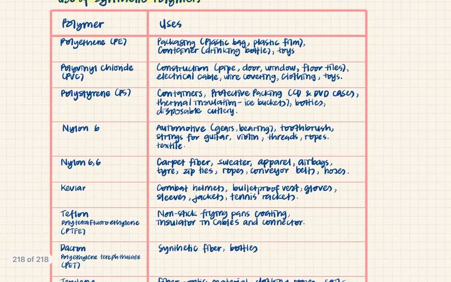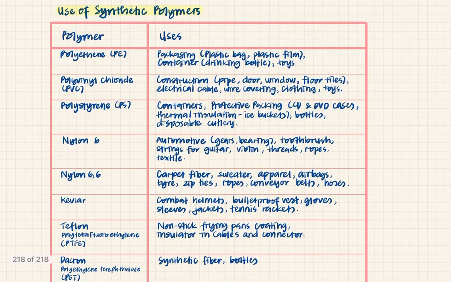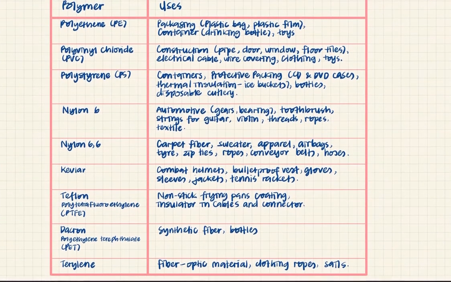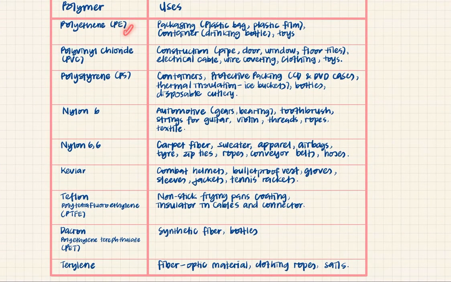Okay, that's all. Lastly, these are the uses of your synthetic polymers. You can read these yourself. This is PE, polyethylene. You can make plastic bags, plastic film, wrapping film, containers, drinking bottles, toys. This is PVC, used to make construction tools like pipes, doors, windows, floor tiles.